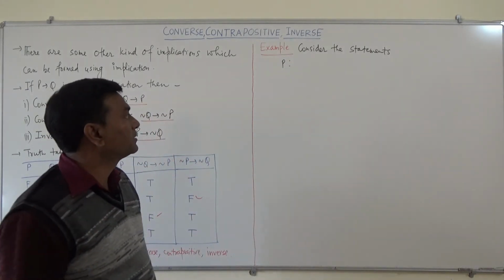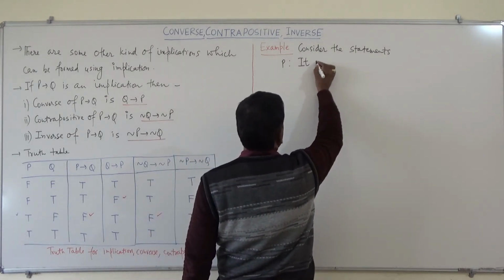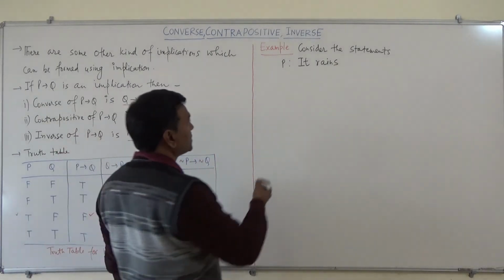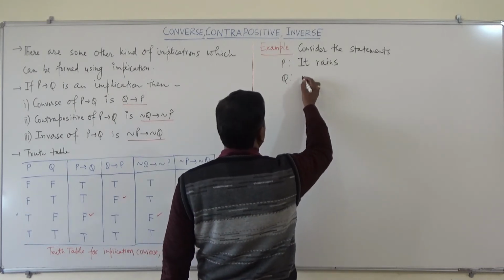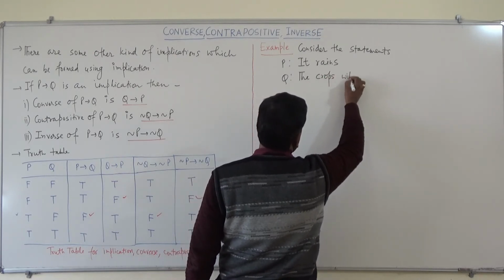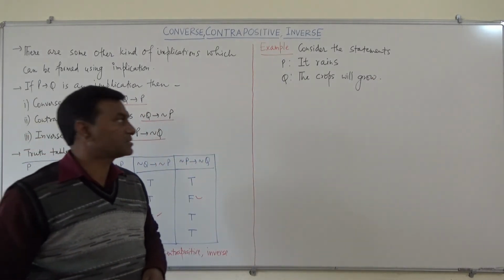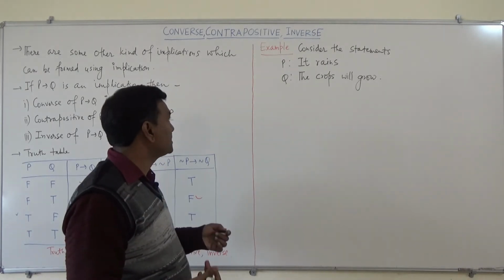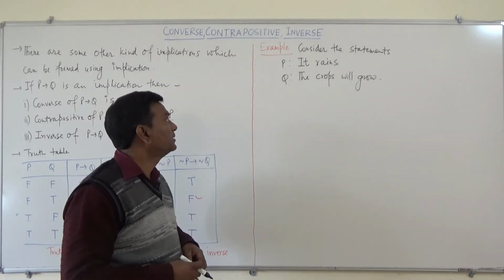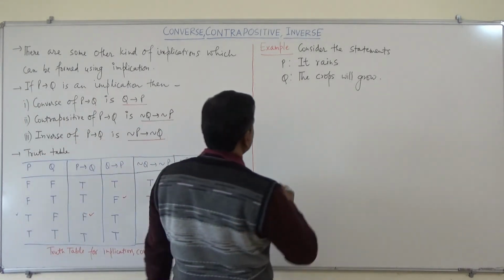P is: it rains, and Q is: the crops will grow. So these are the two propositions. Now we will see these four implications, that is the conditional statement, then converse, then contrapositive, and then inverse.